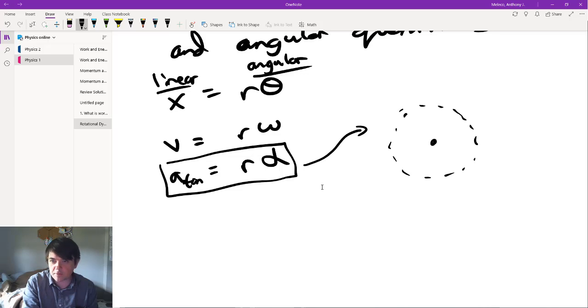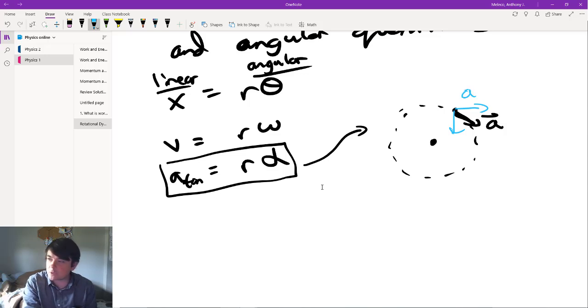Now expanding on this a bit, if you're moving about an axis of rotation, your net acceleration will be in this direction. Okay, so this is your a for your linear acceleration. It's tangent to the circle, but it's also composed of two other accelerations. Because it's a vector, right?